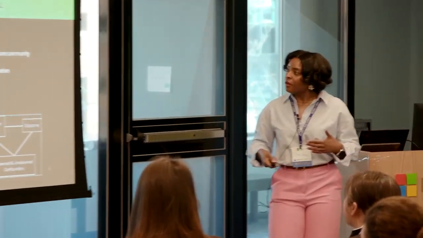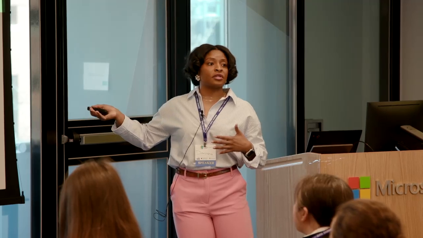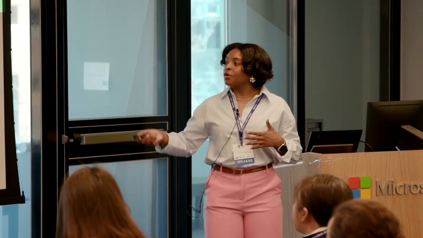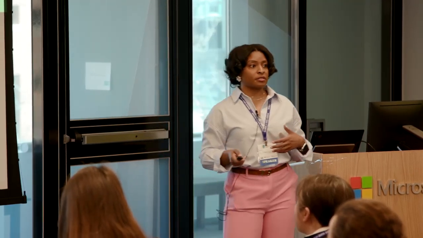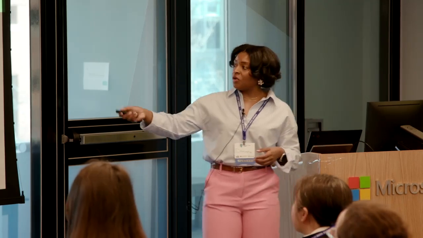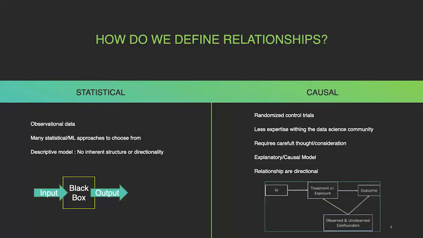When we're talking about causal relationships, we kind of want to remove this idea of the black box, meaning we want to know what's happening under the hood, right? Can I understand the directionality of these predictors and the outputs? Now, this is not to say that statistical relationships should be null and void and we shouldn't use them, right? I use them every day. We will continue to use them every day, and quite often they're very important, right?